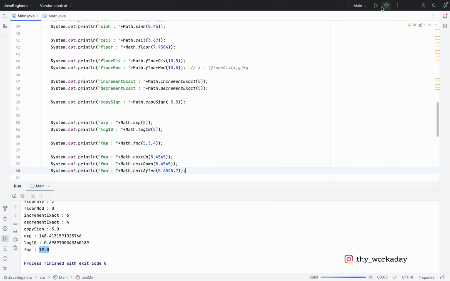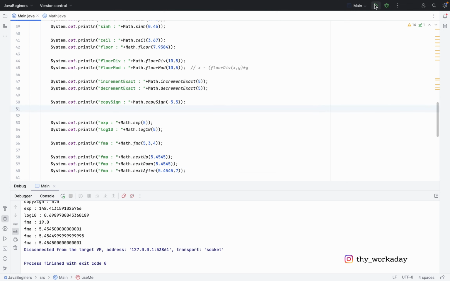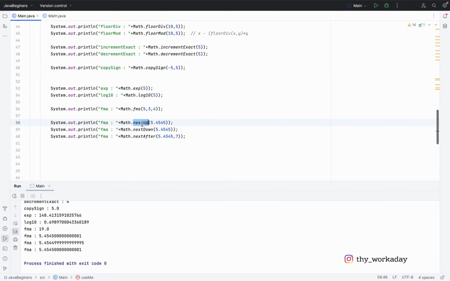I will first show you. Okay, what next up will do is it will increment here, increment the point of 2 in here.